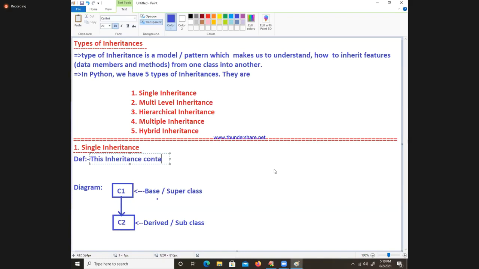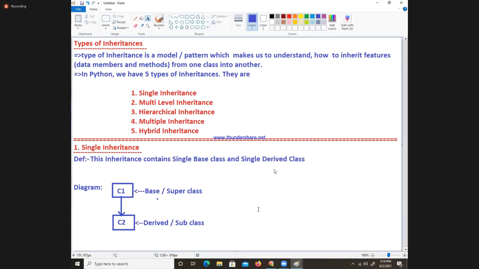This inheritance contains a single base class and a single derived class. This is known as the definition of single inheritance. You should not forget about this. Is it clear?